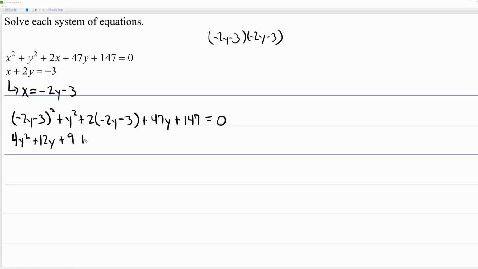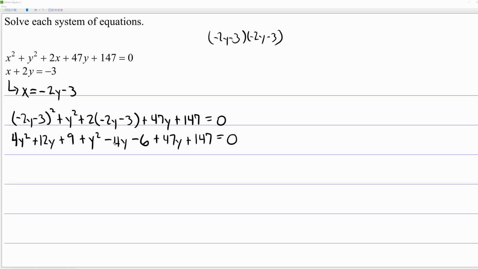Now I'll continue writing, plus y squared, use the distributive property again here, minus 4y minus 6 plus 47y plus 147 equals 0. Now, let's group some like terms. I'm not doing this for the benefit of a YouTube video.